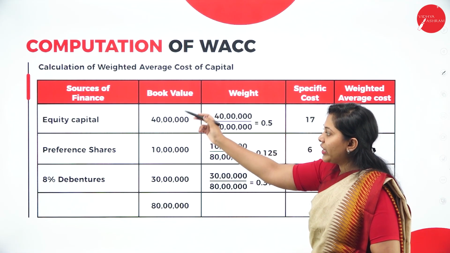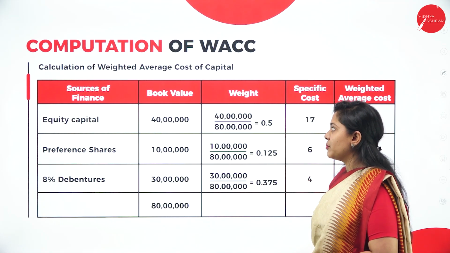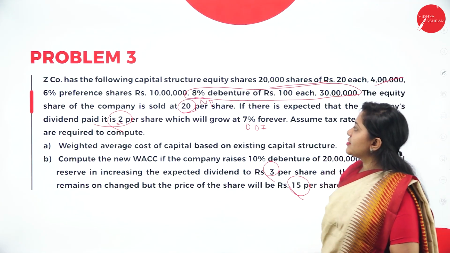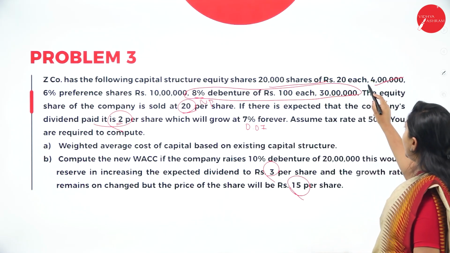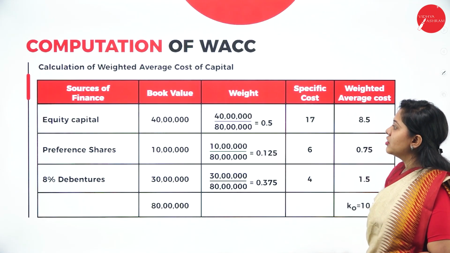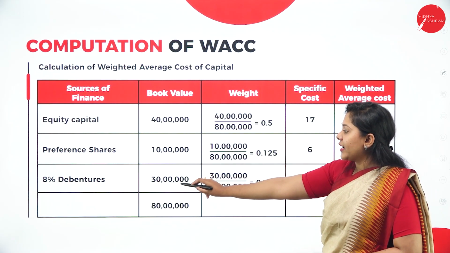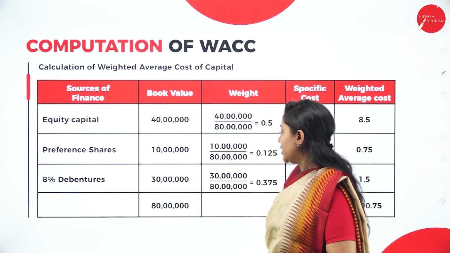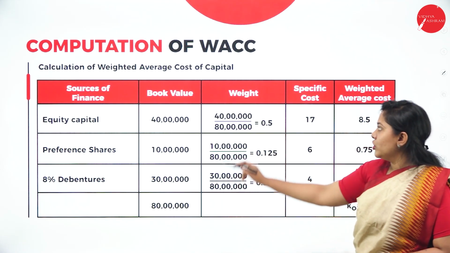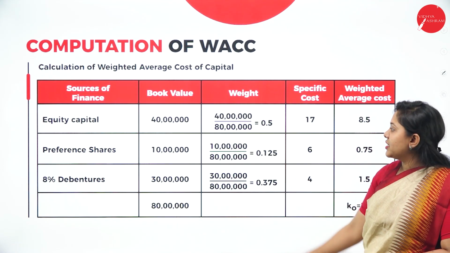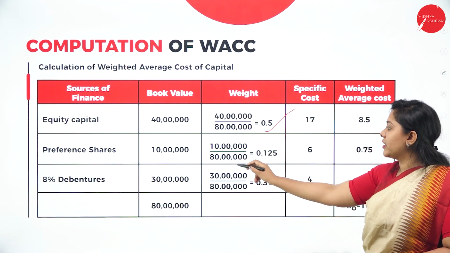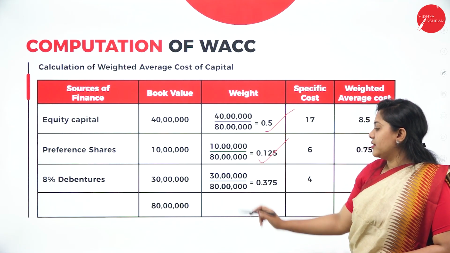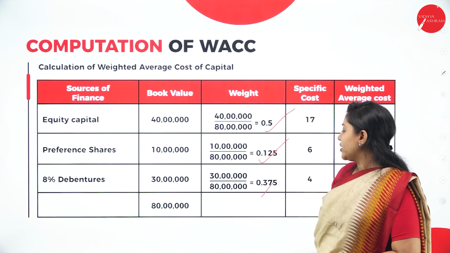So let us compute WACC. Sources of fund: equity capital, preference capital, 8% debenture. Book value given in the question: 40 lakhs, 10 lakh and your 30 lakh. So 80 lakh will be your total value. So 40 lakh divided by 80 lakh, 0.5. 10 lakh divided by 80 lakh, 0.125. 30 lakh divided by 80 lakh, it will be 0.375.